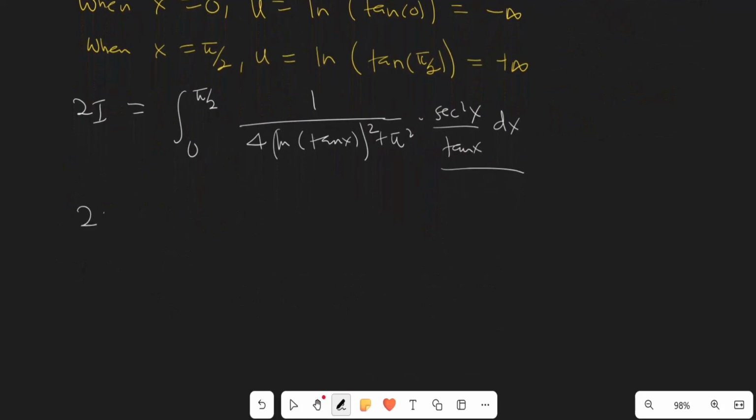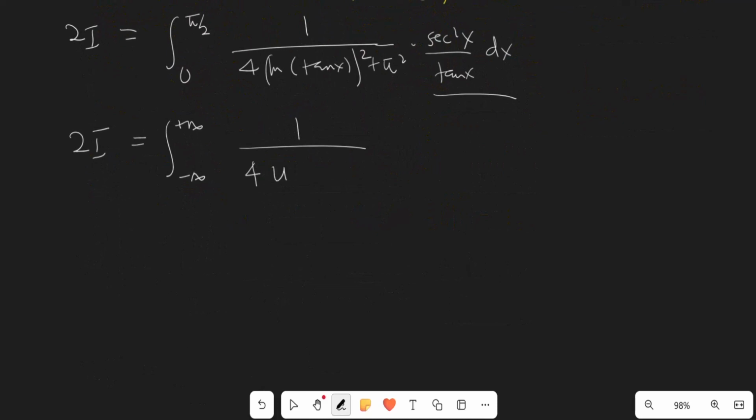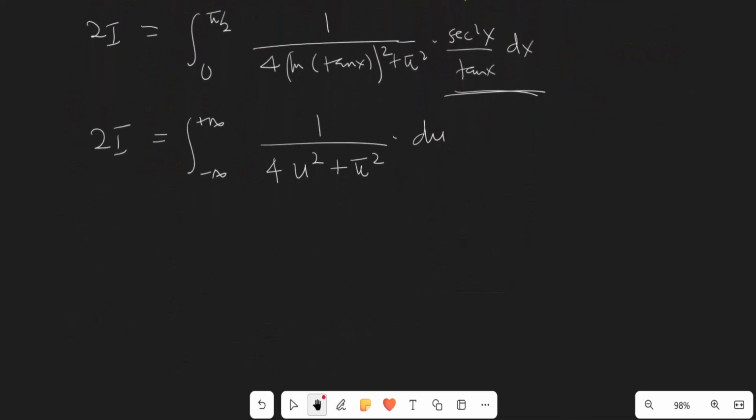So we can now take everything from the x world into the u world. In the u world, it is the integral from negative infinity to positive infinity of 1 all over 4 natural logarithm of tan x, so we just replace that with u. So that will be u squared plus pi squared, times du. And now our integral reduces to the integral from negative infinity to positive infinity of 1 all over 4u squared plus pi squared du.